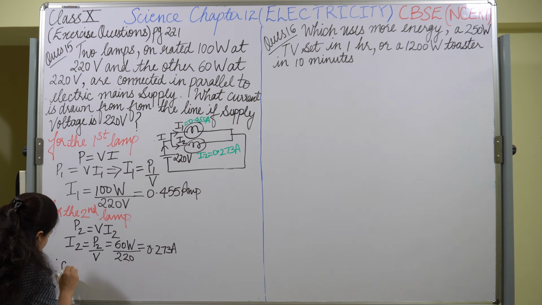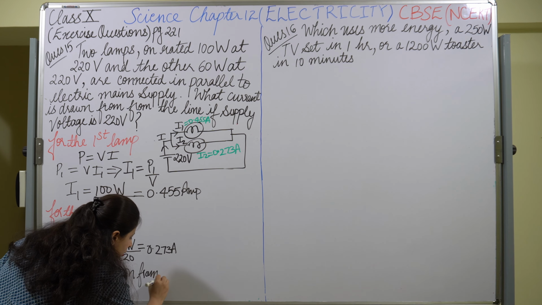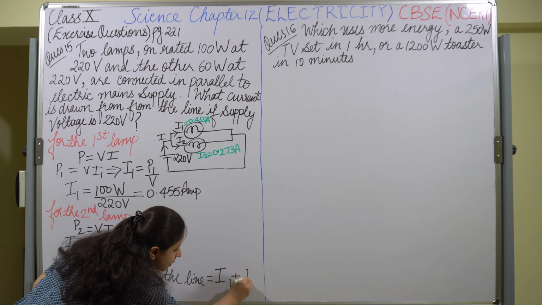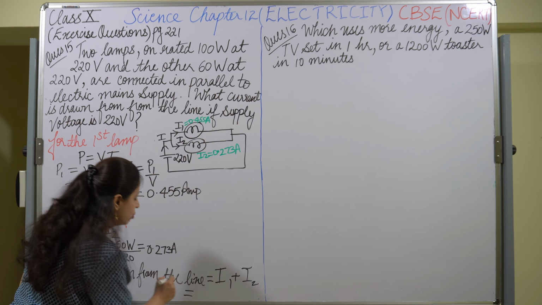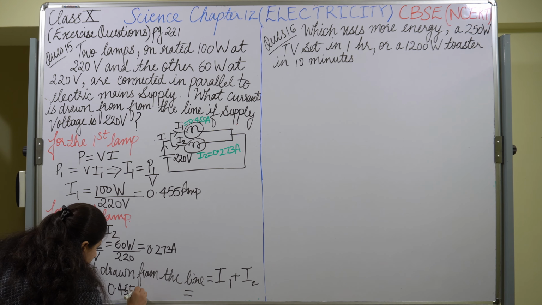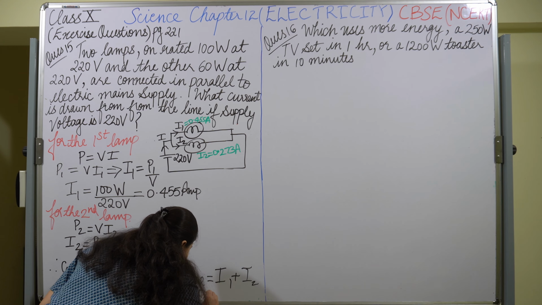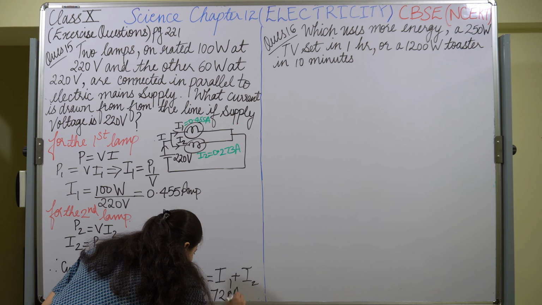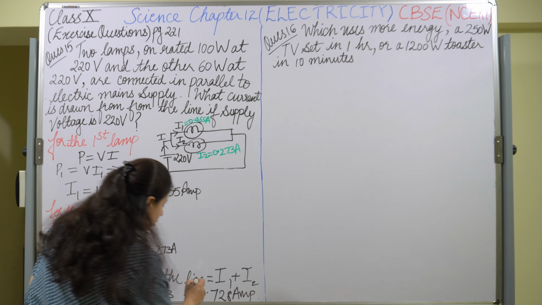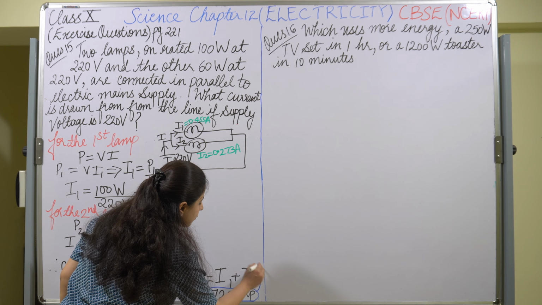So that will be 0.455 plus 0.273, which comes out to be 0.728 amperes as my answer.